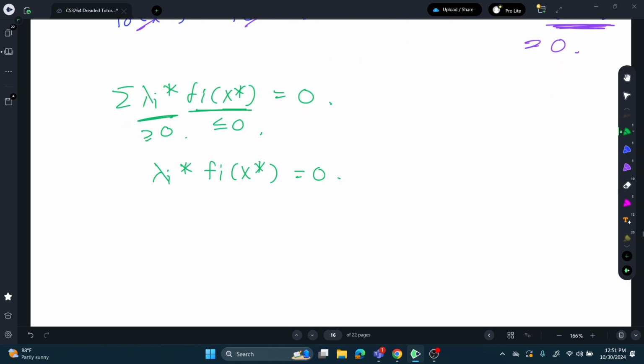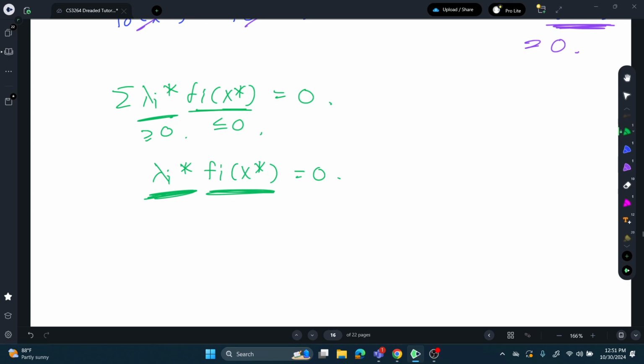Okay? The moment this happens, this is telling me that at any point in time, either my Lagrange multiplier is equal to 0 or the value of this f_i is equal to 0. When f_i is equal to 0, that is when we say that the constraint is active, because your x is now located at the bound of that constraint.